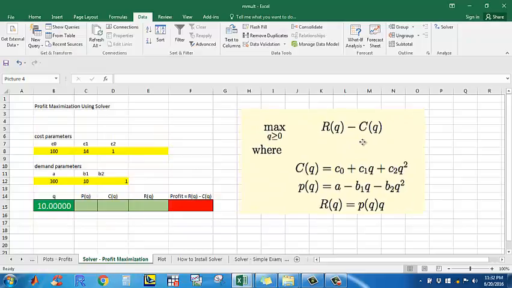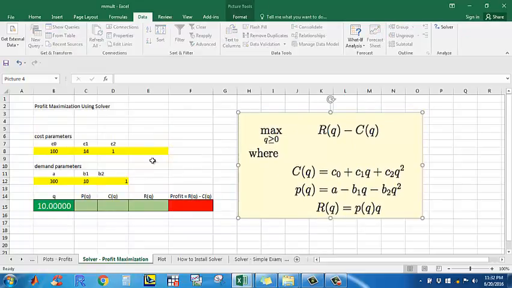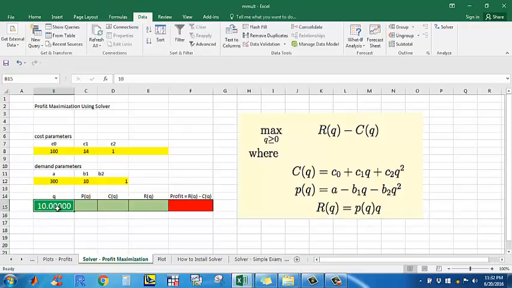So let's now look at some arbitrary example where C0 is equal to 100, C1 is equal to 14 and C2 is equal to 1, and A is equal to 300, B1 is equal to 10 and B2 is equal to 1. Let's start by choosing some arbitrary value for Q equal to 10.